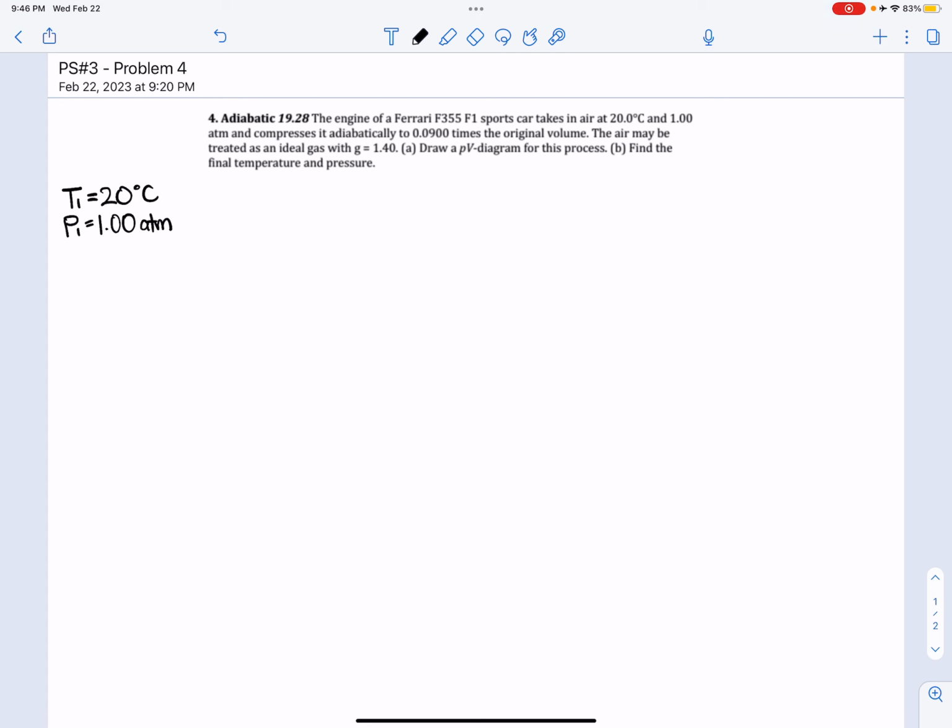And it is compressed, so we know that V1 will be greater than V2, because it's compressed. And it's an adiabatic process, which means no heat transfer. So Q equals 0.